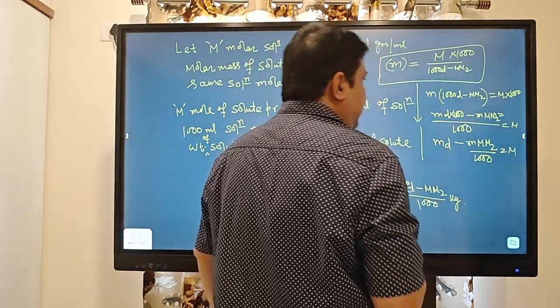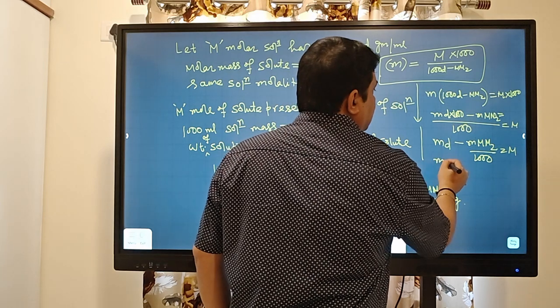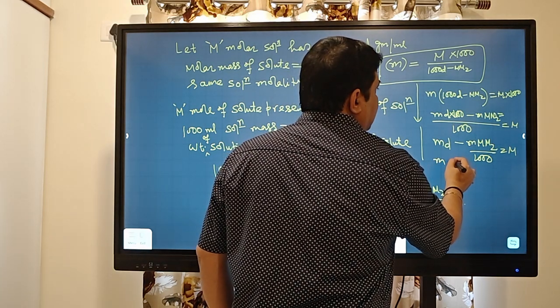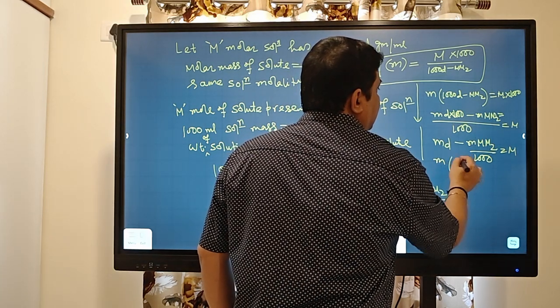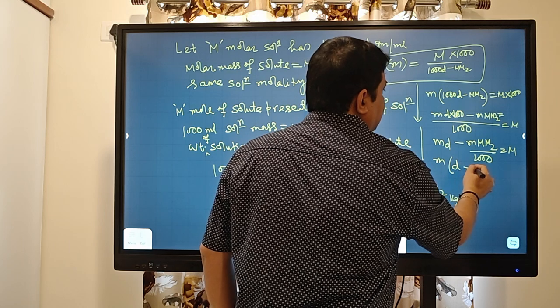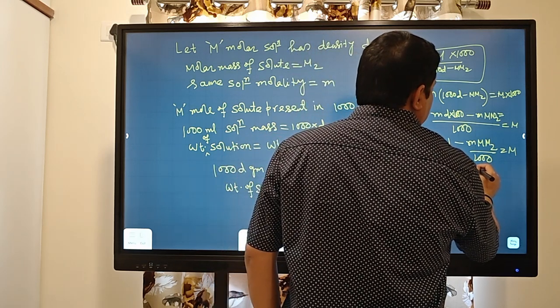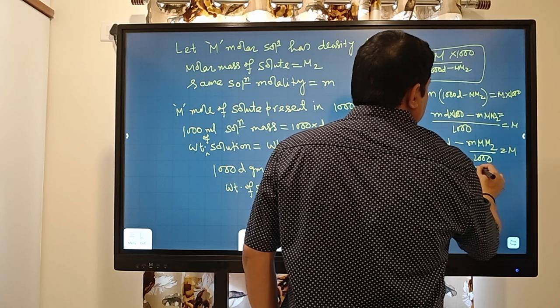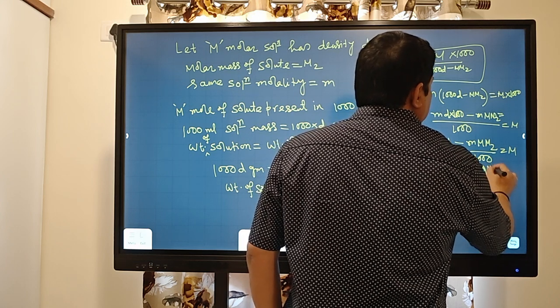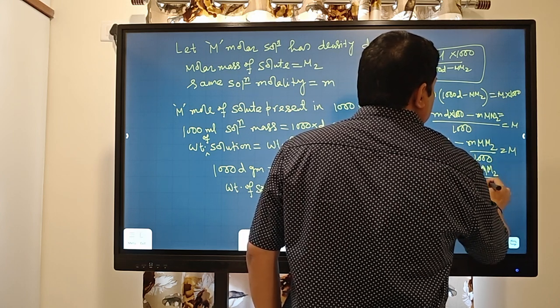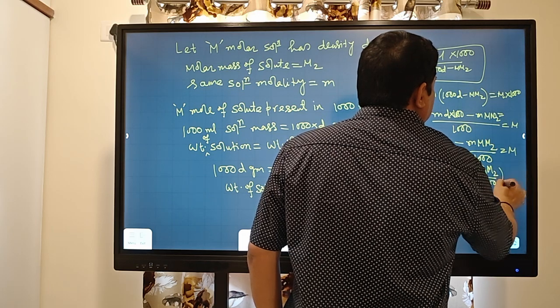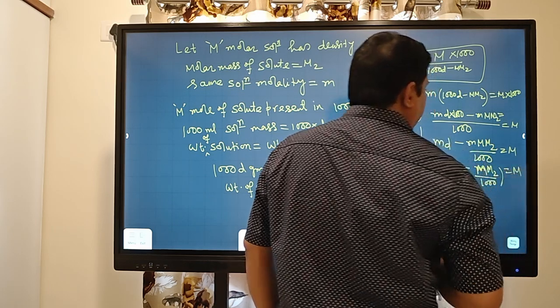Now if I take small m common, then we get d minus capital M M2 by 1000 equals m.